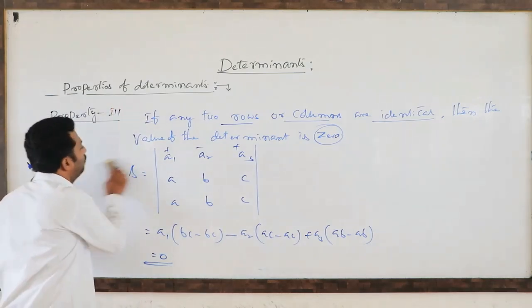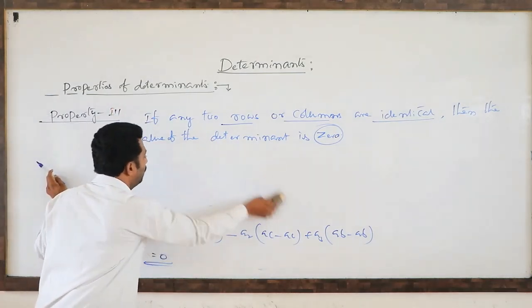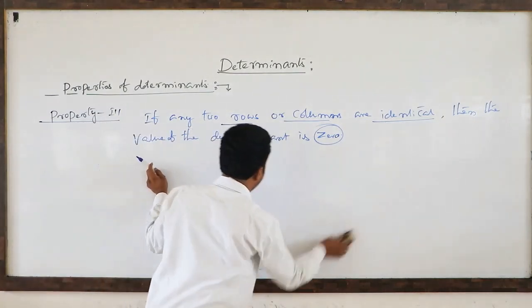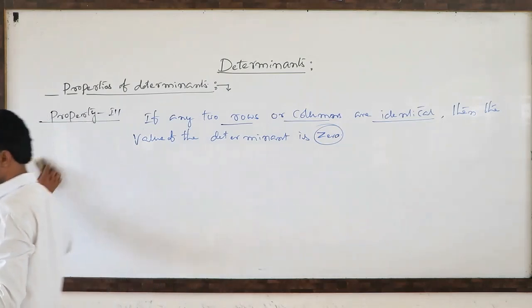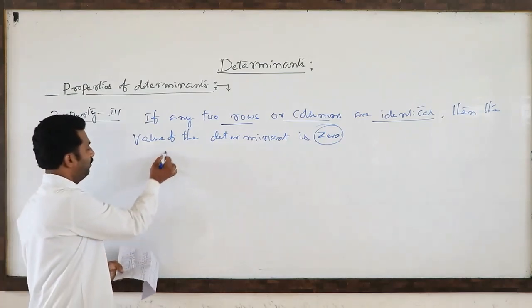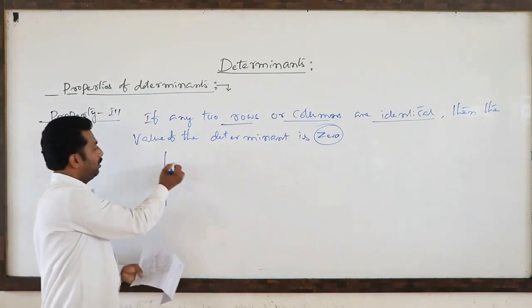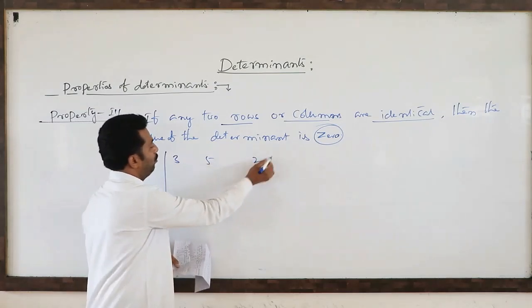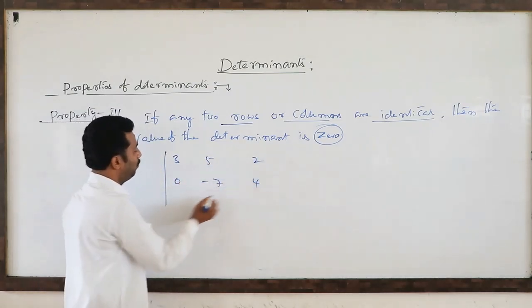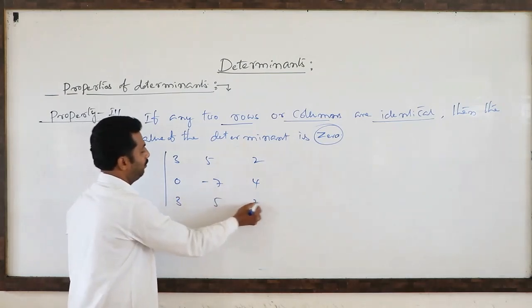One application I will give. See here. What is that application? Determinant with rows 3, 5, 2; 0, minus 7, 4; 3, 5, 2.